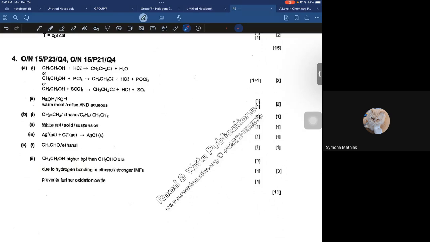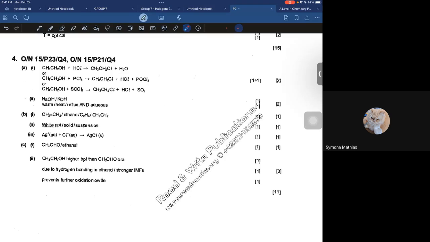Alcohol has a higher boiling point than aldehyde due to hydrogen bonding. When we discussed the chemical properties of alcohols, I told you that alcohol makes hydrogen bonds. Due to this it has a high boiling point and excellent solubility in water. We use a special word for this, miscible. Miscible means maximum solubility in water.